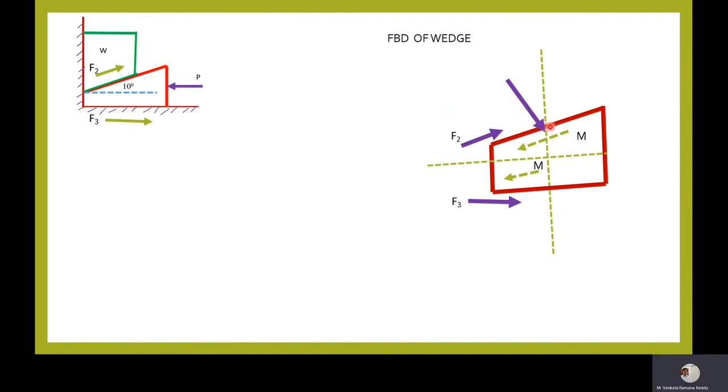Normal reaction. This normal reaction is making an angle 10 degrees with the axis of the wedge. This normal reaction is perpendicular to the surface of the wedge.